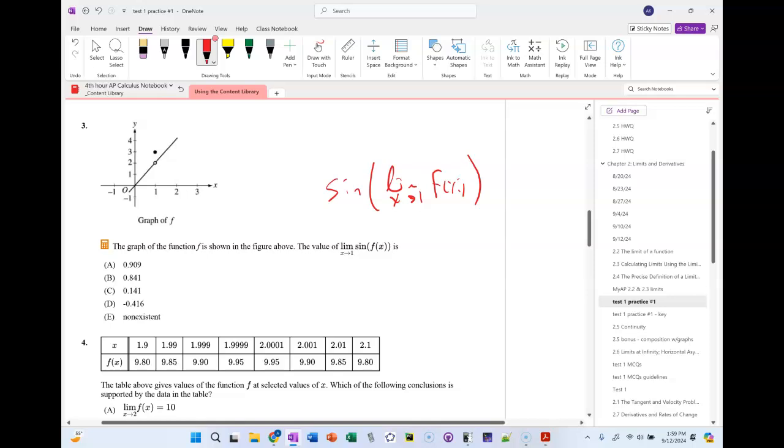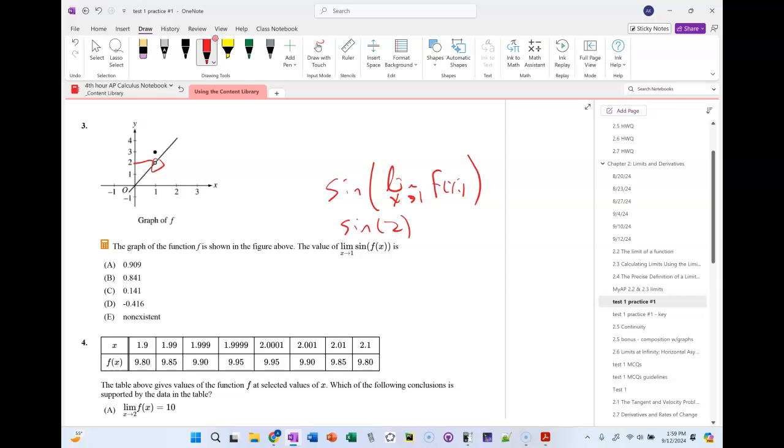So the limit of f of x is 2, right? I can read that from the graph. And I just type that into my calculator, making sure I'm in radian mode, and then I pick the right decimal. But that's the idea.